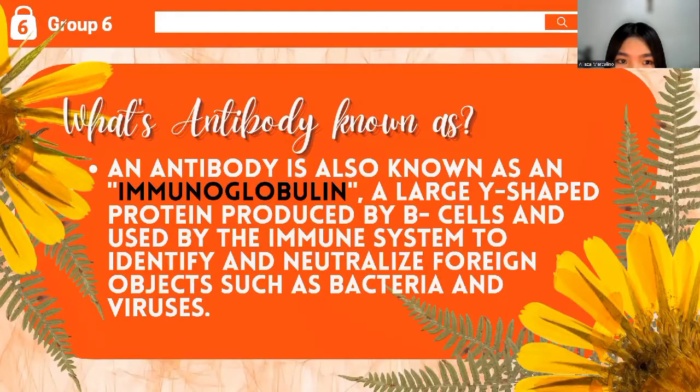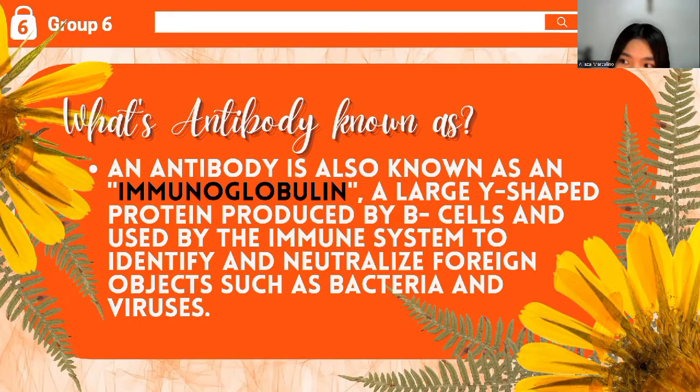What is an antibody known as? An antibody is also known as an immunoglobulin, a large Y-shaped protein produced by B cells and used by the immune system to identify and neutralize foreign objects, such as bacteria and viruses.